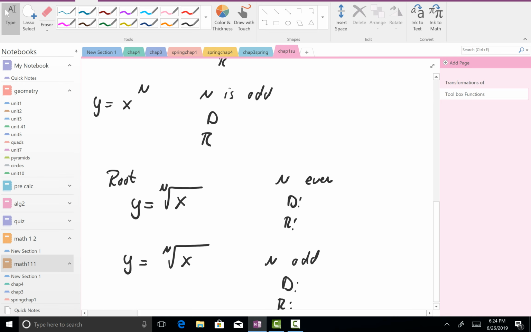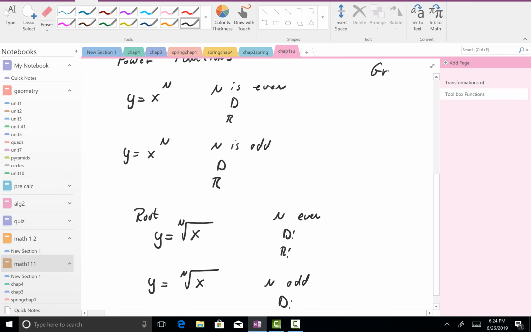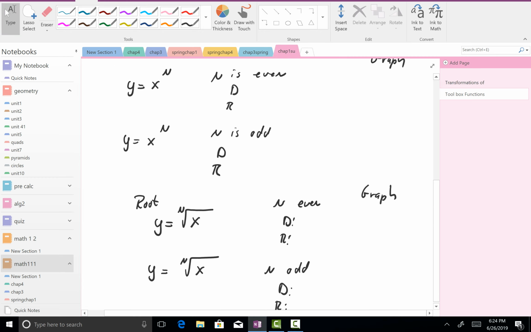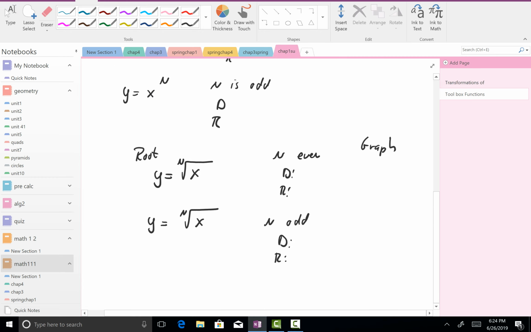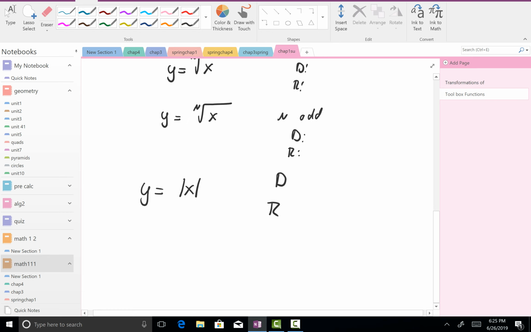We also want to make little sketches of their graphs. They don't have to be great sketches, just little ones so we can associate the basic shape of the graph to the function that it is. So we have this one. Domain, range, graph.